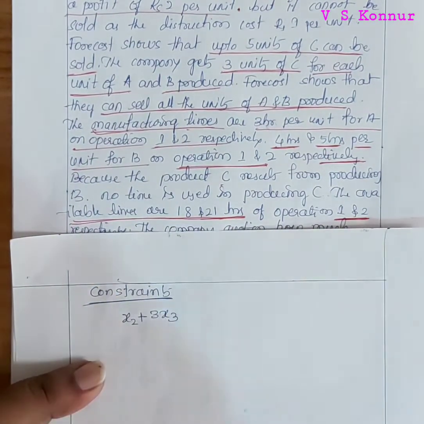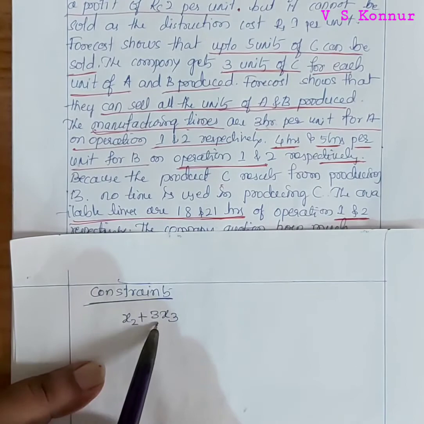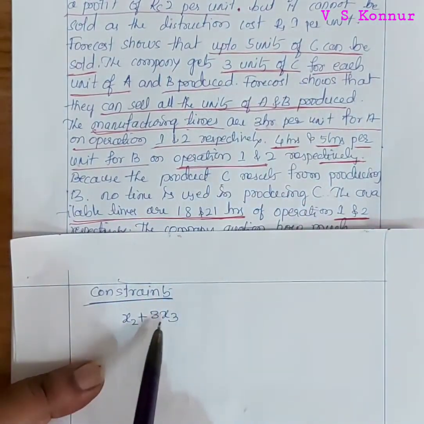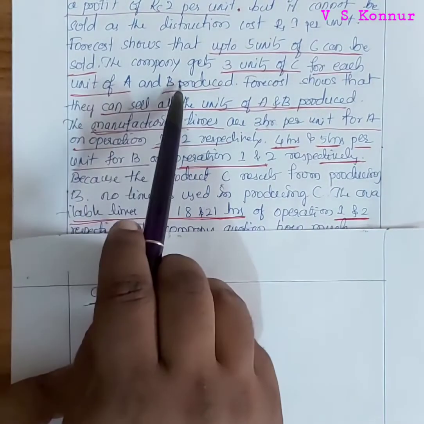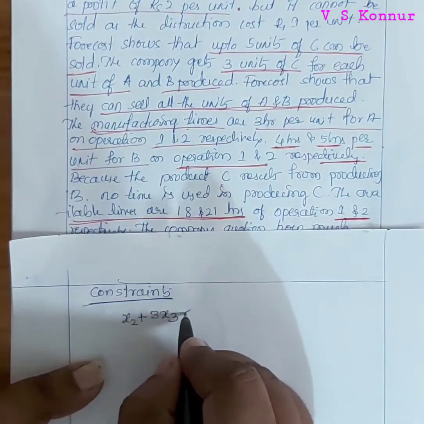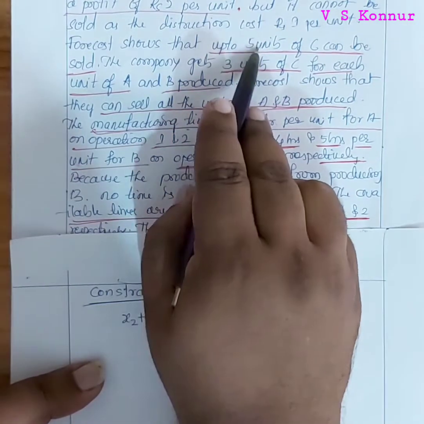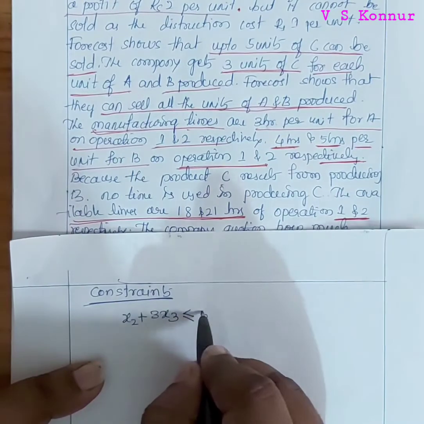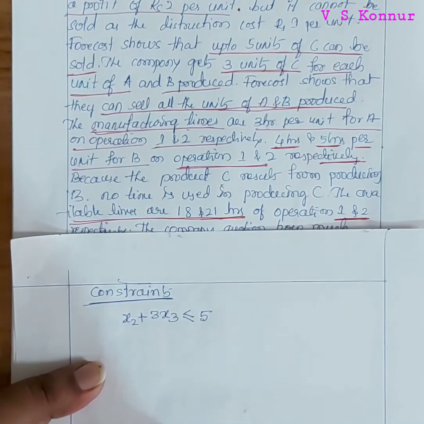For x2, there is a production of 3x3. It is given 3 units of C for each unit of B produced. How much can be produced? 5 units of C can be produced. So this is one constraint.